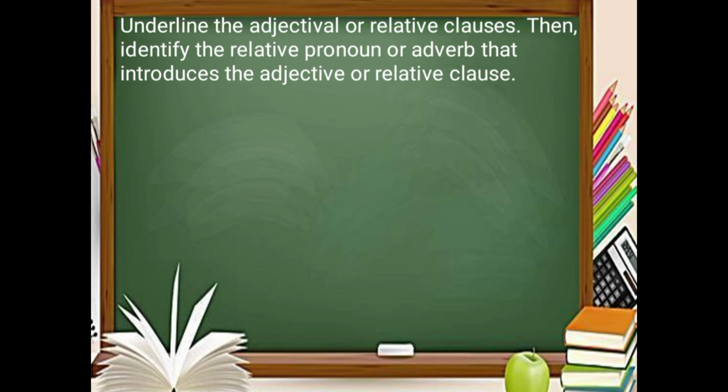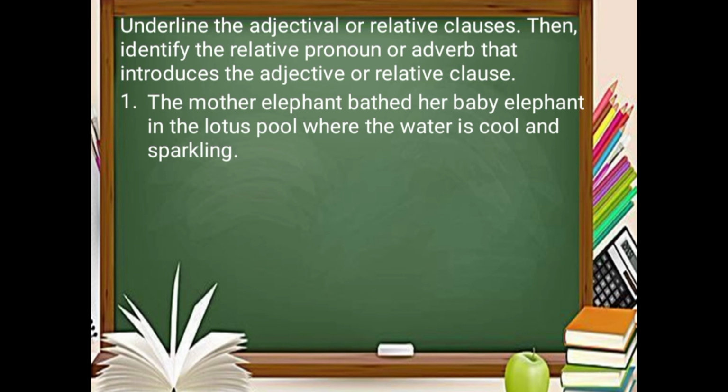Let us identify the adjectival or relative clauses. The mother elephant bathed the baby elephant in the lotus pool, where the water is cool and sparkling. What do you think is the adjective clause?